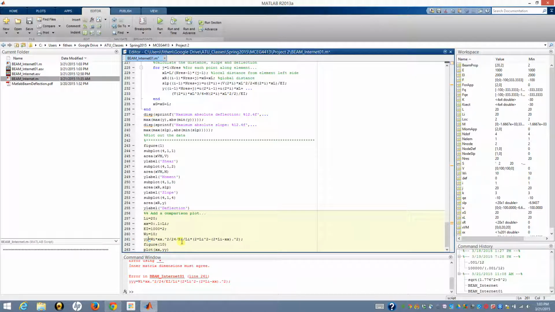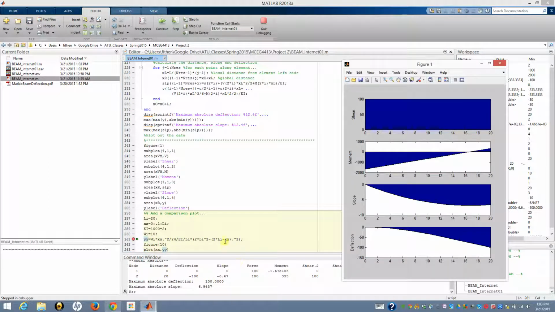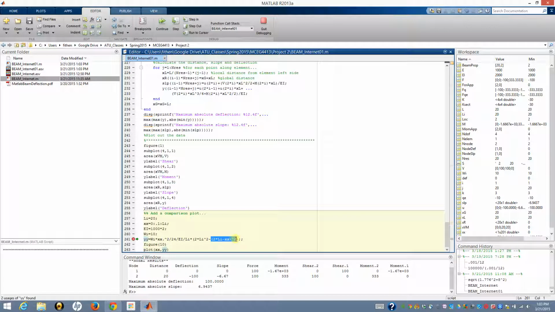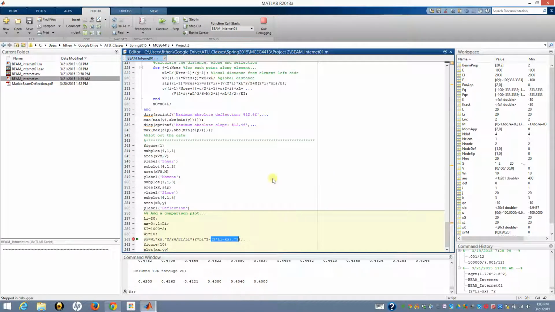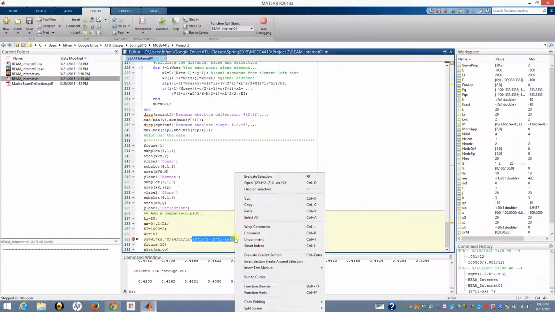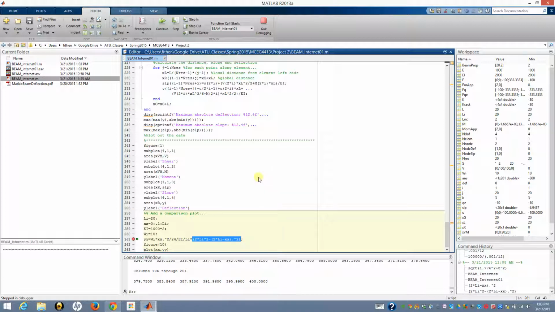Oops. Let's run it down to there. This, if I hit F9, evaluate that selection. This, evaluate that selection. 201. Oops. Let's try this now.